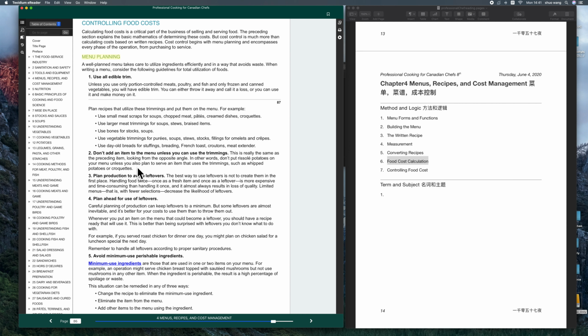2. Don't add an item to the menu unless you can use the trimmings. This is really the same as the preceding item, looking from the opposite angle.